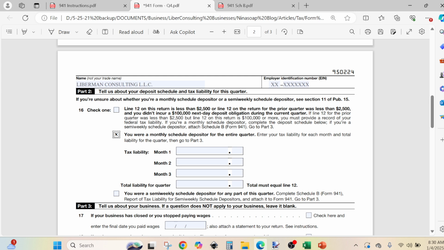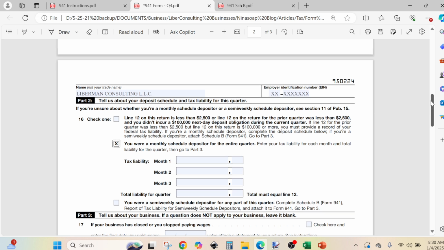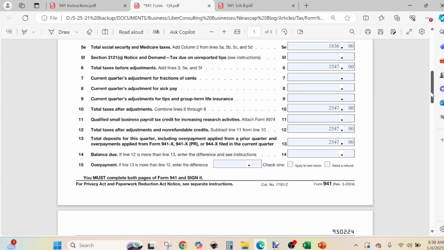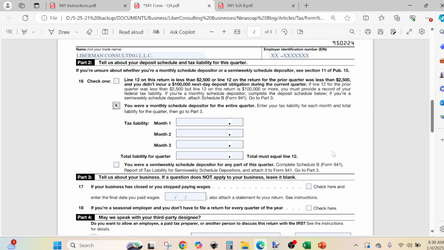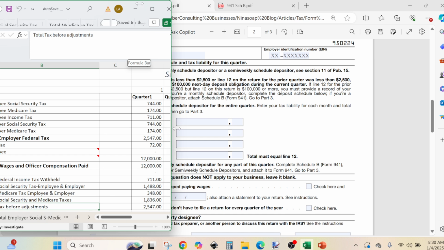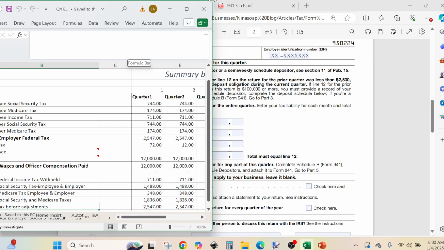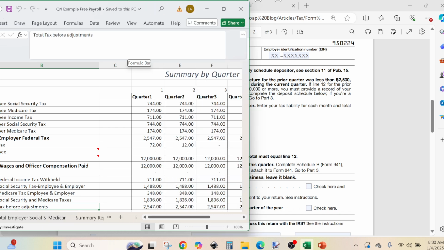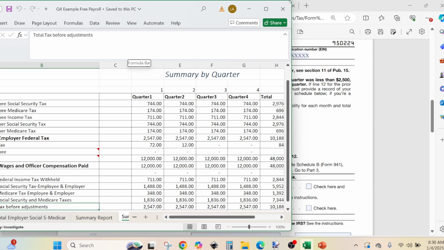In our example, where we check the monthly deposit schedule, again in a quarter you have 3 months, so they are asking for the total for each month, and the total will match our line 12, $2,547. So we'll pull our payroll record. Based on your deposit schedule, it is important you track your payroll in a way that you'll be able to complete the payroll returns and provide the information that will be asked of you.